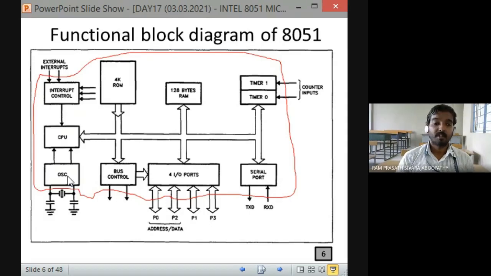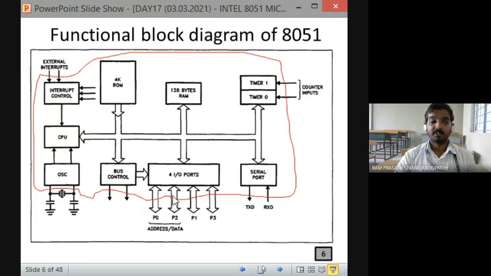For that purpose, we are going to use 2 ports, port 0 and port 2, which work as the address and data bus during external memory communication. Correct? When your microcontroller is trying to get the data or program from the external memory, these ports are to be sacrificed for accessing the external memory.